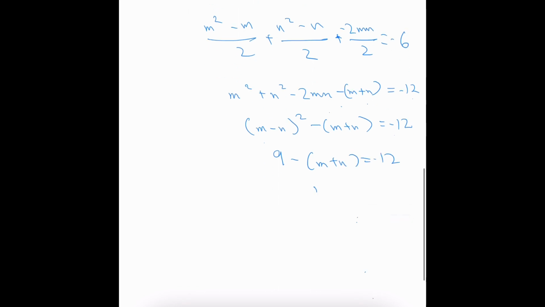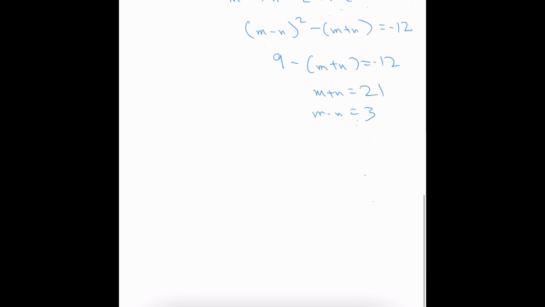This means that m plus n is equal to 21, and m minus n is 3, and then we can solve them and obtain that m is equal to 12 and n is equal to 9. Hence this is your answer.